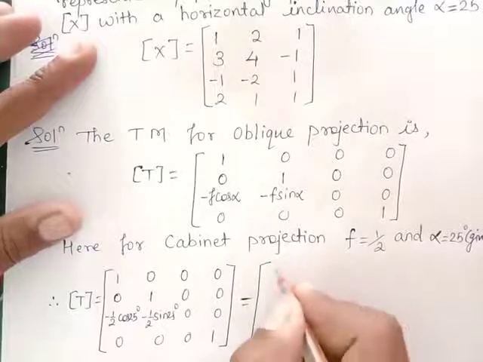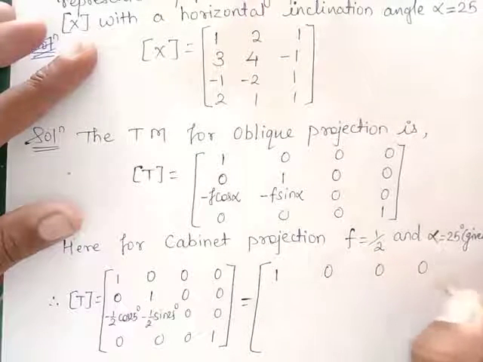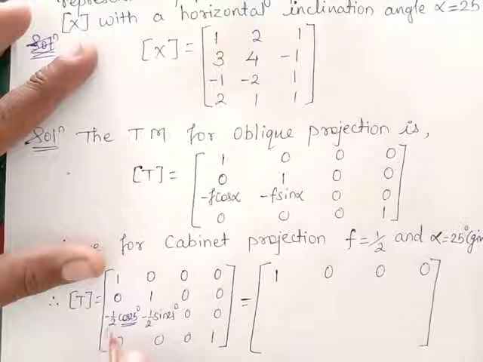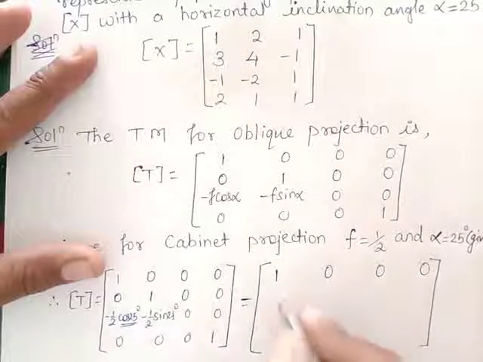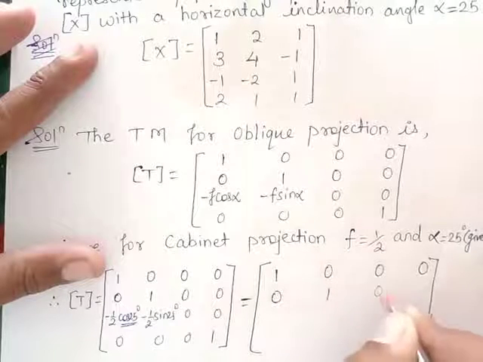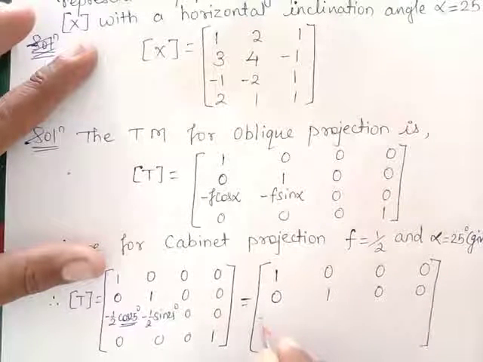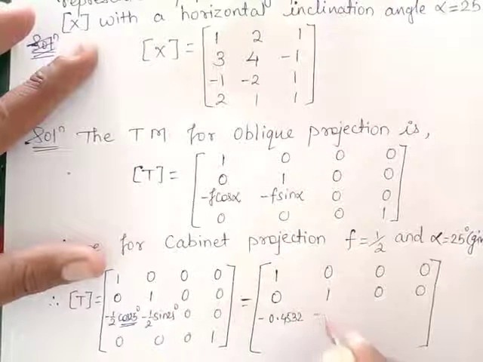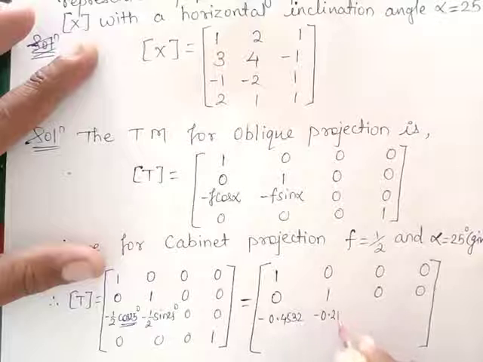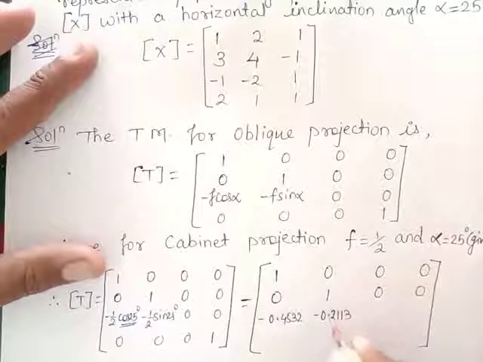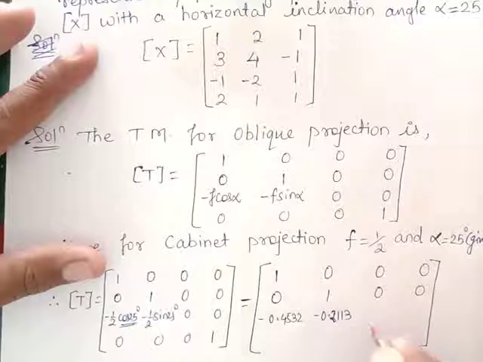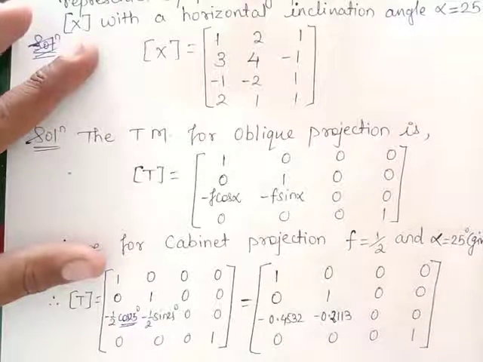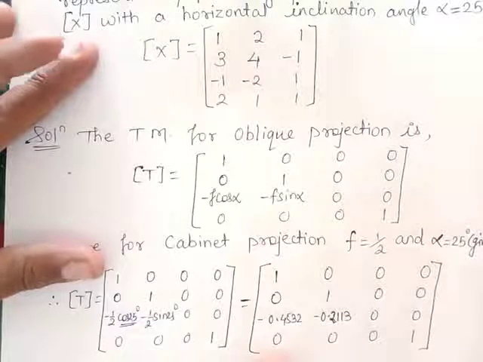That gives us 1, 0, 0, 0. Find these values and then multiply with minus half. So this is 0, 1, 0, 0; minus 0.4532, minus 0.2113, 0, 0; 0, 0, 0, 1. This is the transformation matrix T.